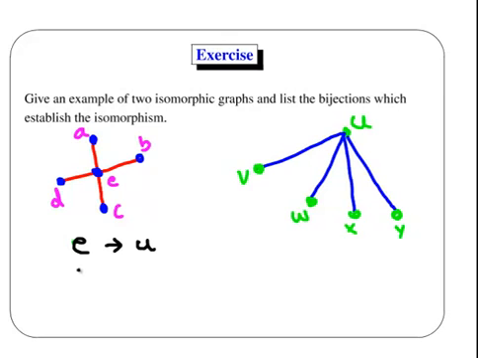V is connected back to U and D is connected back to E. So we can state that D is related to V, and we can do the same for the rest of them.